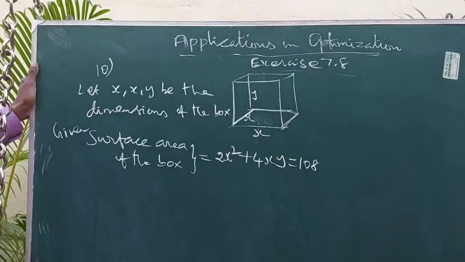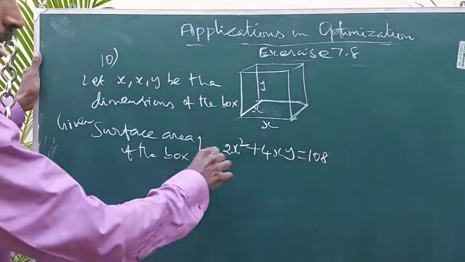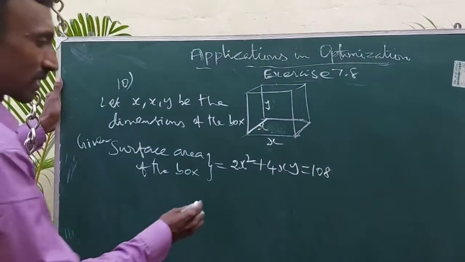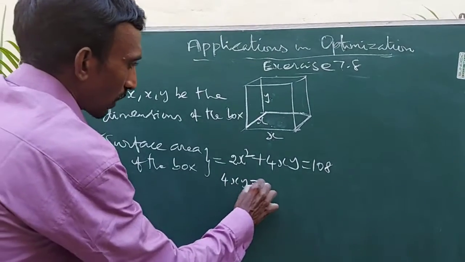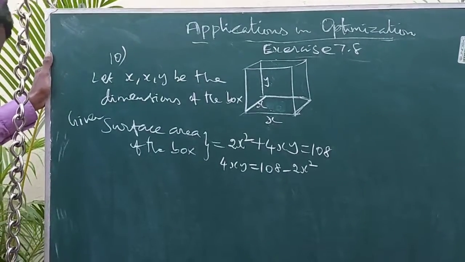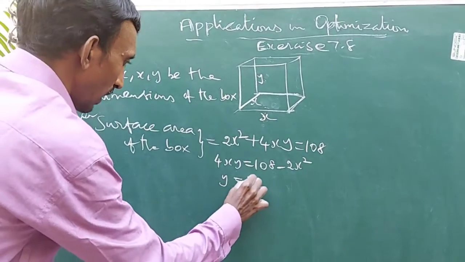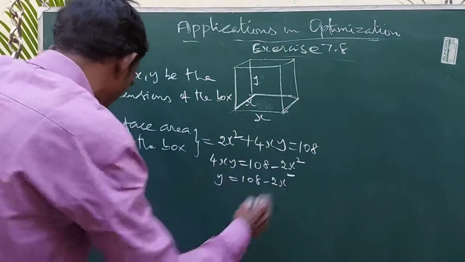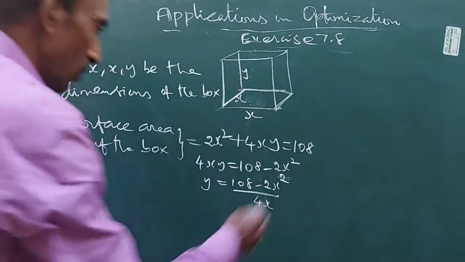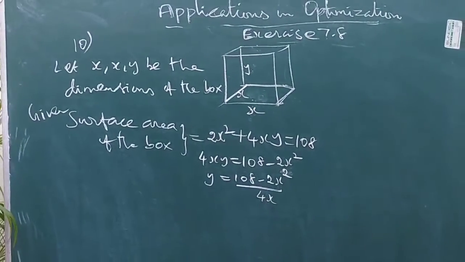If it is known, then the problem is very easy. So find out the y value to make it a single variable function. So 4xy equal to 108 minus 2x square. If you want, you can divide it by 2, otherwise not needed. So y equal to 108 minus 2x square by 4x.